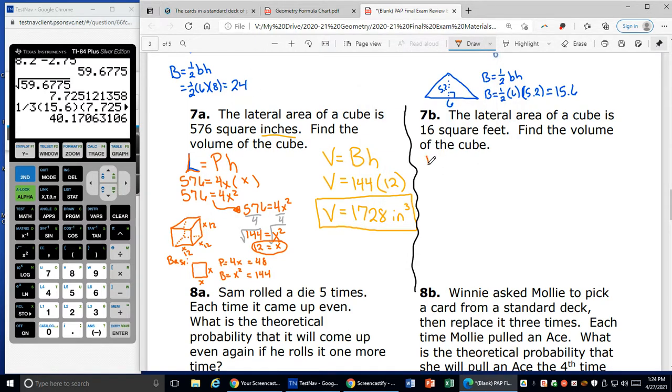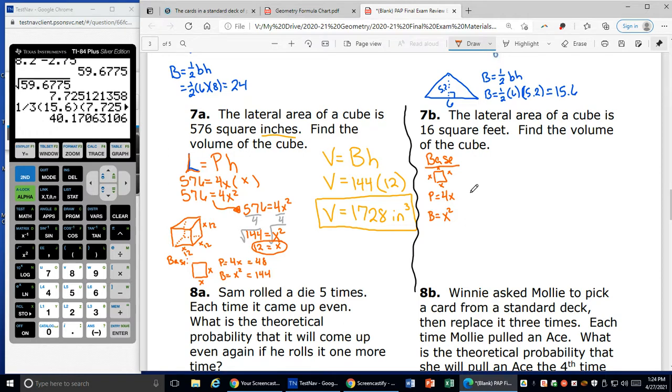So for my base, it's still a square, so it's x and x and x and x, which means my perimeter is still 4x, and the area of my base is x times x, or x squared.